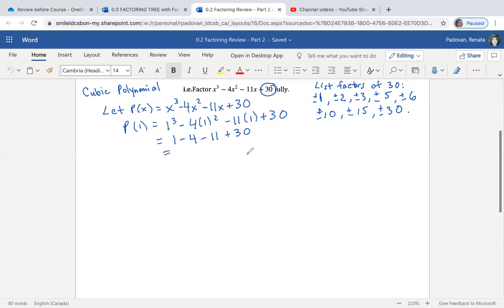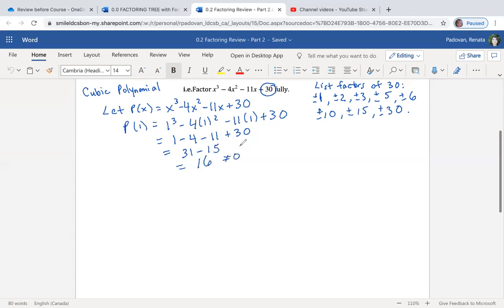You could start with 1 and take away 4 to get negative 3, then take away 11 and then add 30. Or you could take your positive numbers together, 1 and 30, to get 31, and then minus 4, subtract 11. Either way you do it, you should end up with an answer of 16.